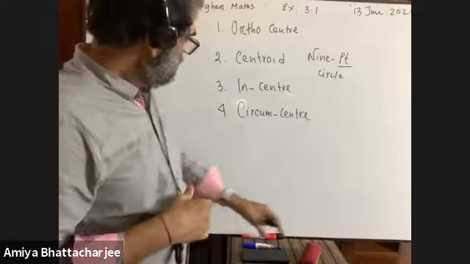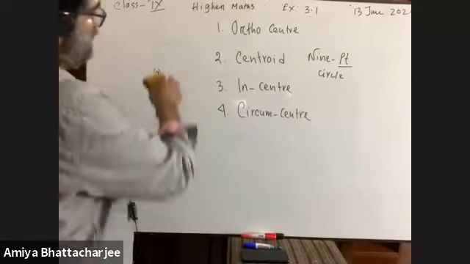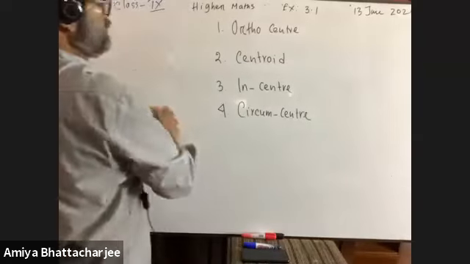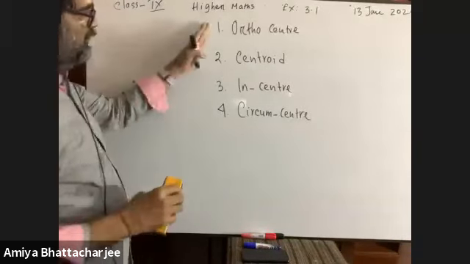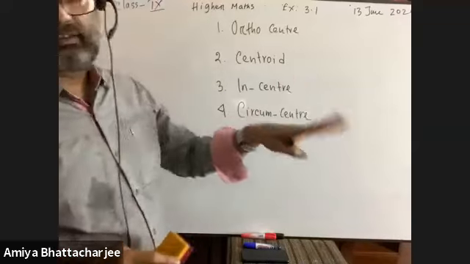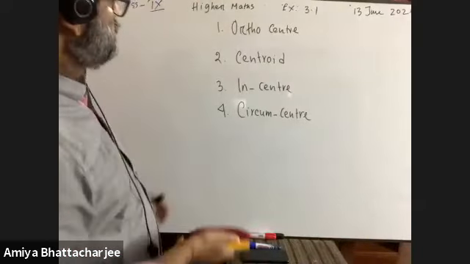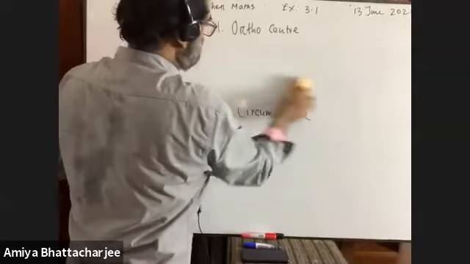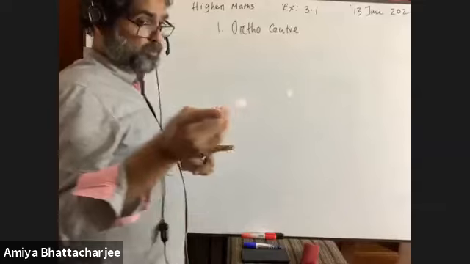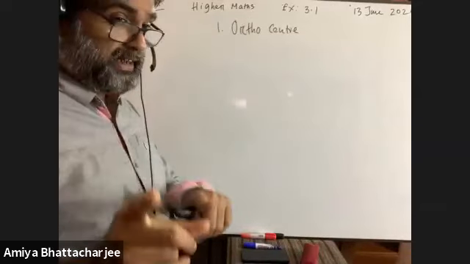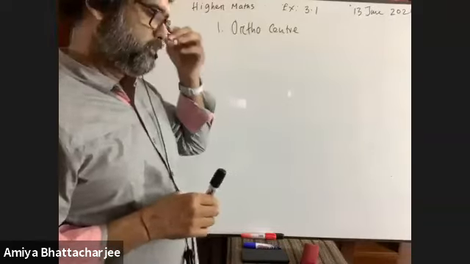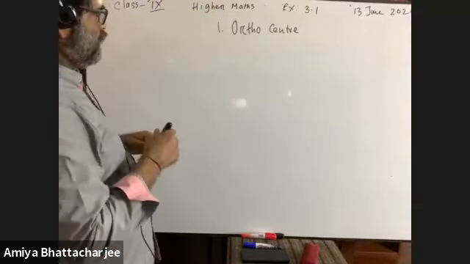But after the half-yearly exam, you will have this 9-point circle. Okay. Anyway, so I repeat, orthocenter. Who can tell me orthocenter? Okay. So you please write down all these 4: orthocenter, centroid, incenter, and circumcenter. Okay. Very good. Now, orthocenter. Orthogonal projection I wrote. From this, it is ortho. Orthocenter.